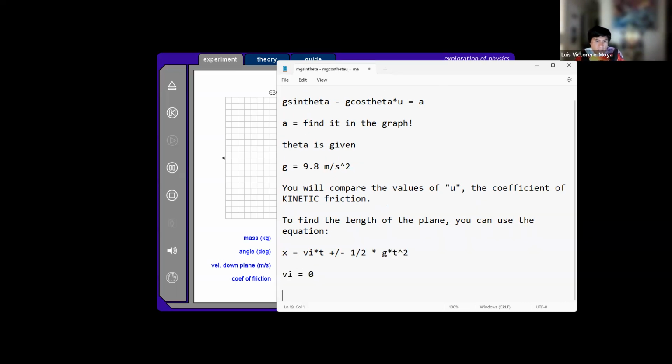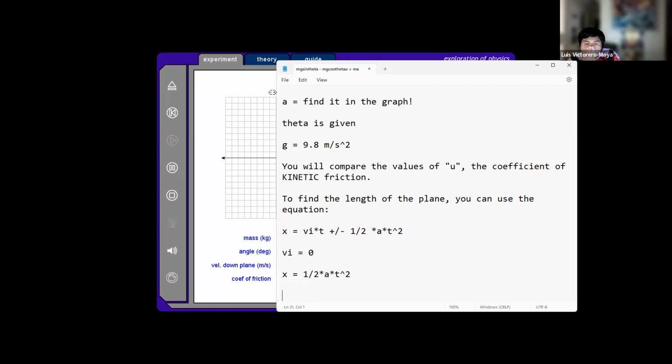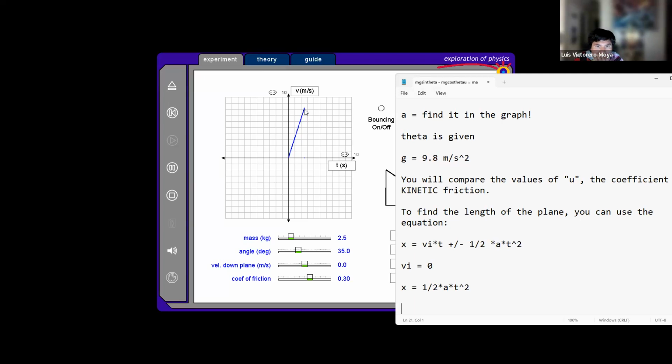V initial equals 0, so that's easy, it's just one half, positive because it's accelerating, times a, not gravity, my bad, because it's not free fall, times t squared. The time comes from the graph, in this case 2.5. The acceleration is from the graph as well, found using rise over run. Put it in here and you can find the length of the plane.